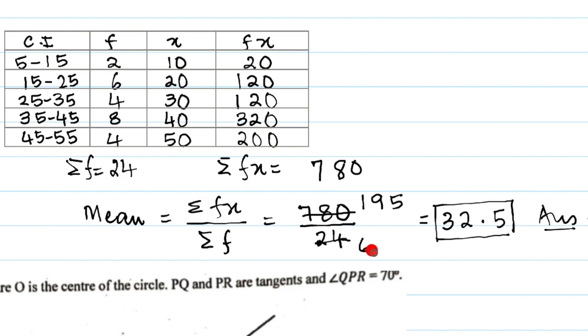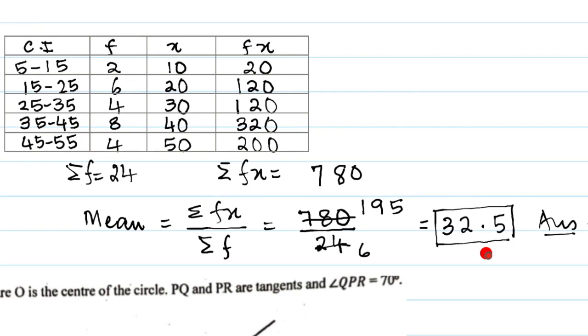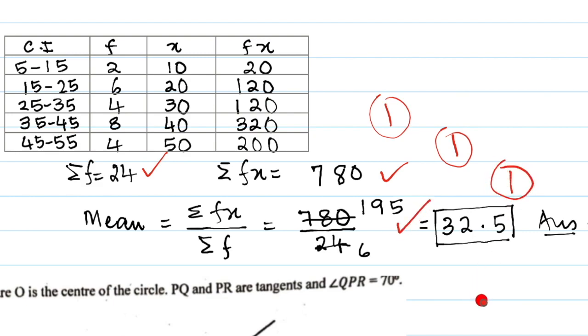Cancel it by 4. So 195 upon 6, and we get our answer as 32.5. So to get this 1 mark, to write the formula and to get this will be the third mark. So it's a 3 mark question.